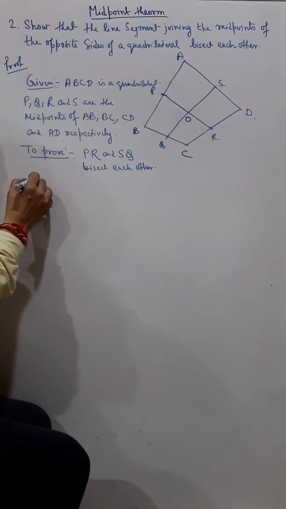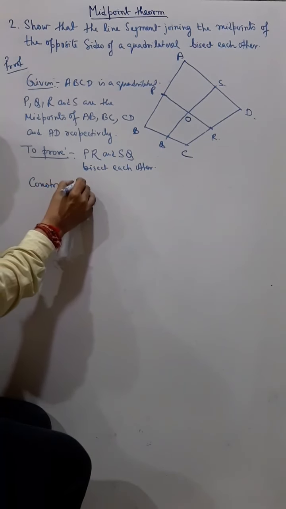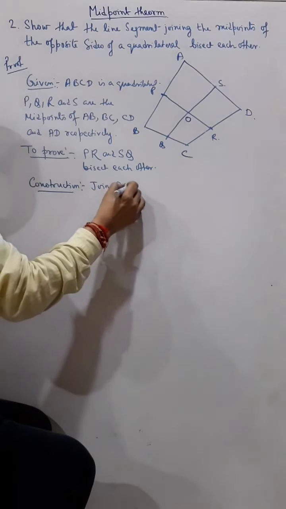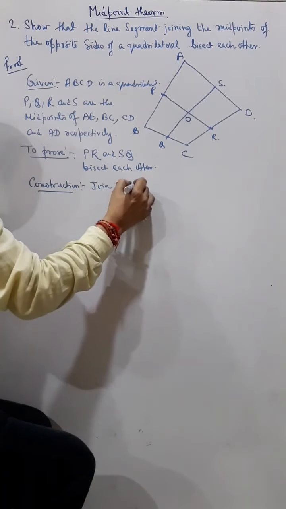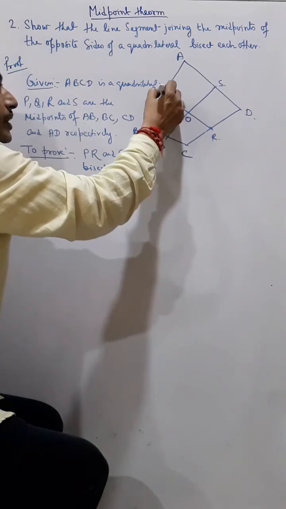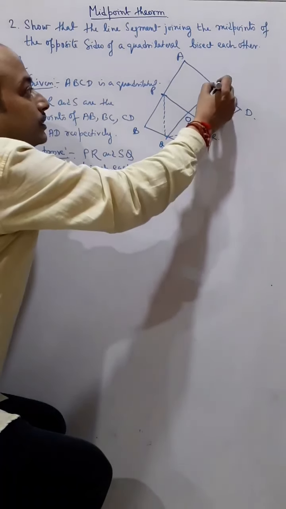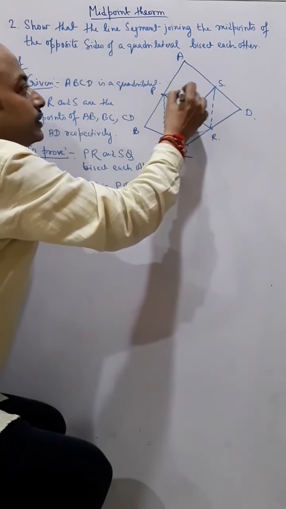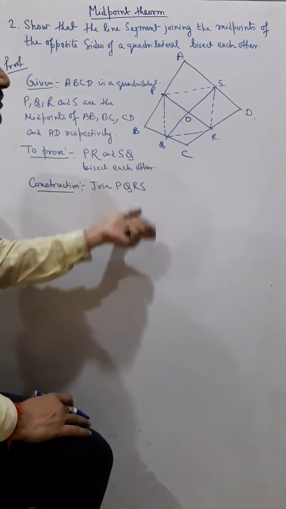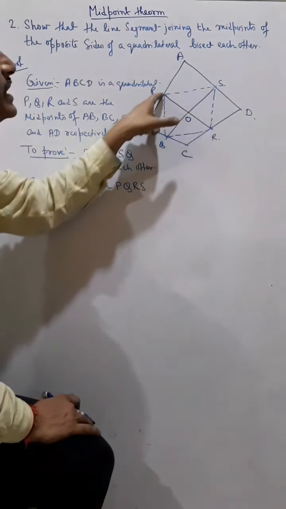Now for this, first we will do a construction. We will join PQ, RS. Okay, join PQ, RS. So we will join this. After joining this, what we have to just prove is that PQRS is a parallelogram.